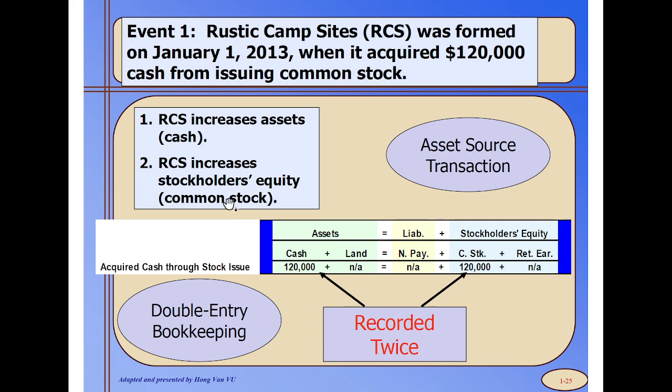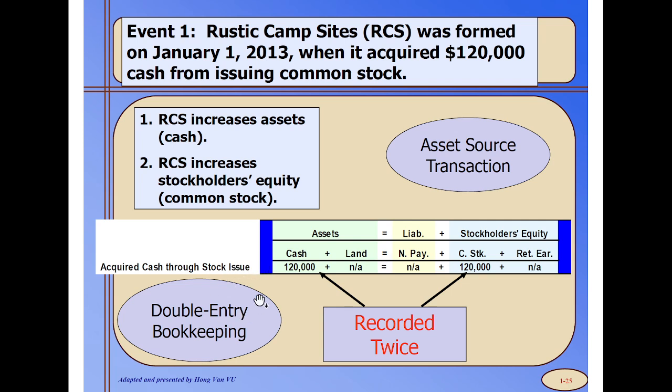We call this common stock, and the common stock increases by 120,000. So this event can be classified as an asset source transaction. It means that the business acquires an asset, here the cash, from an owner. It means that's the source of the asset.